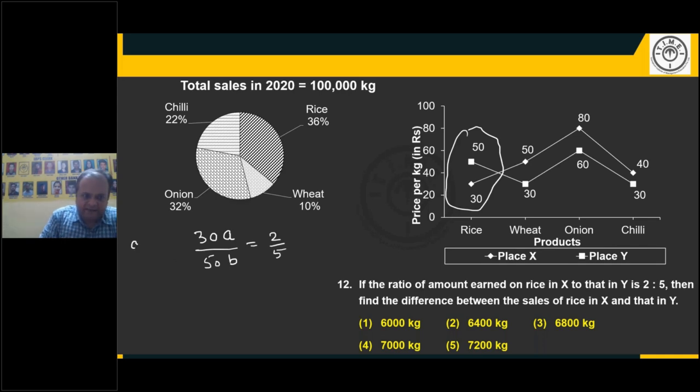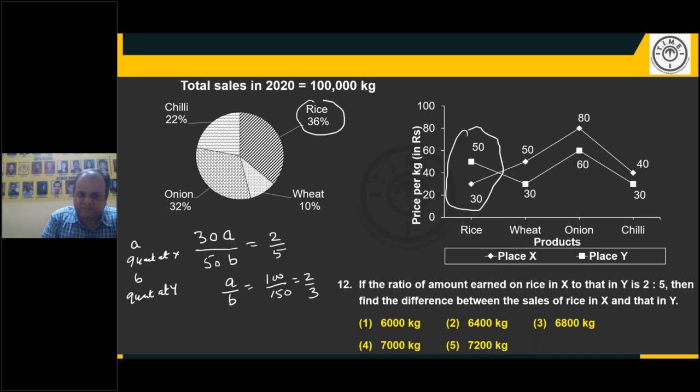So A is quantity at X and B is quantity at Y. Quantity multiplied by price will give you amount at X. Quantity B multiplied by 50 will give you the amount at Y. Now if we solve this, we get A upon B is equal to 100 upon 150, or A upon B is equal to 2:3.